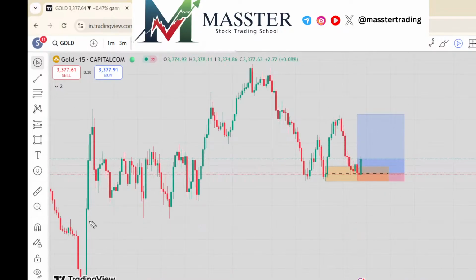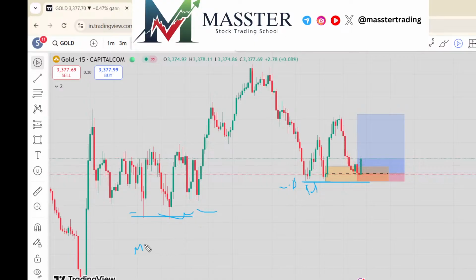From this point it creates double bottom liquidity, but we don't know when it will be taken out. Again here, triple bottom liquidity is created.